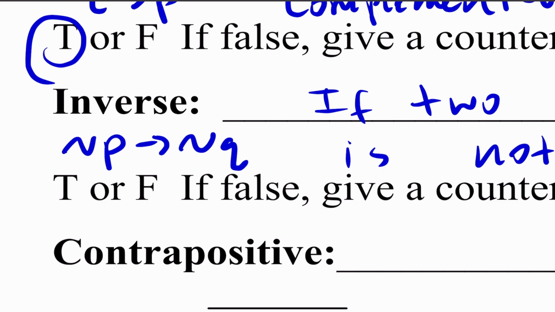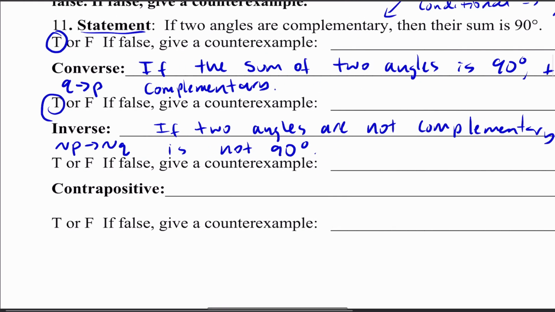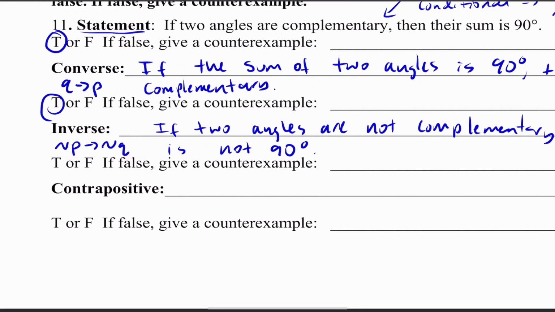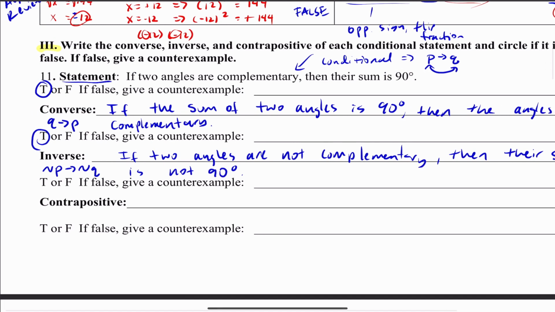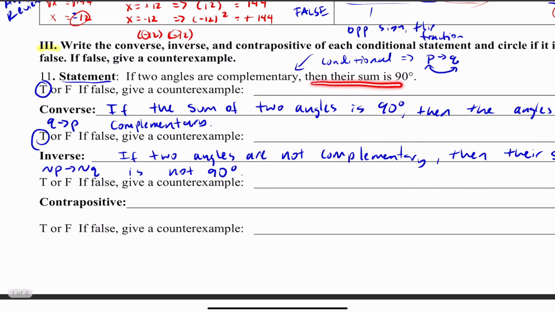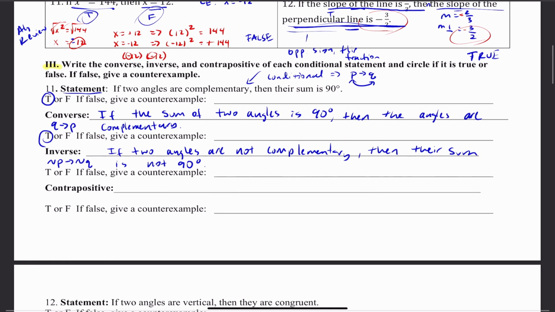And what it does is just negating the hypothesis and also the conclusion. So what I'm trying to do is say, what is the opposite of saying if two angles are complementary? I would say if two angles are not complementary, to negate it, right? And then what is the opposite of saying then their sum is 90 degrees? Then I would say then their sum is not 90 degrees, right?